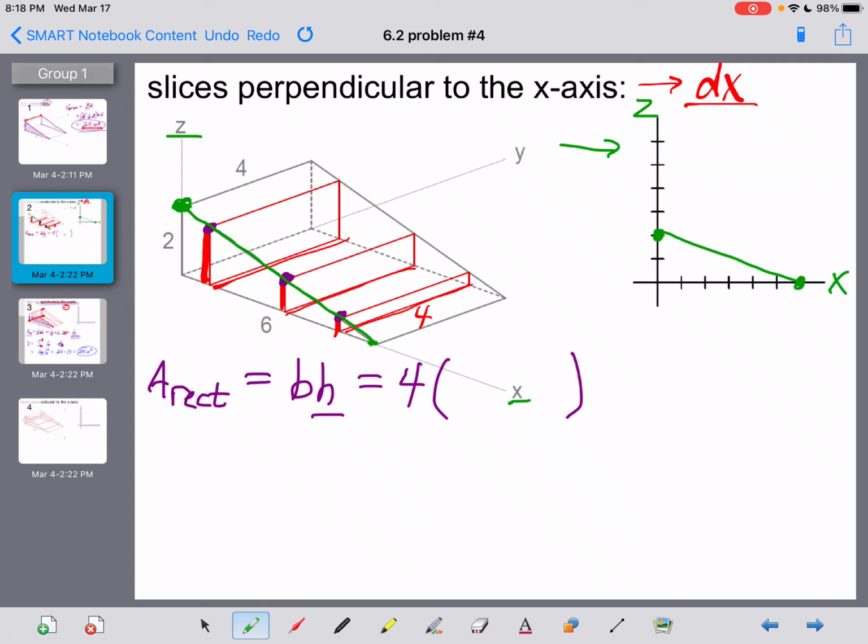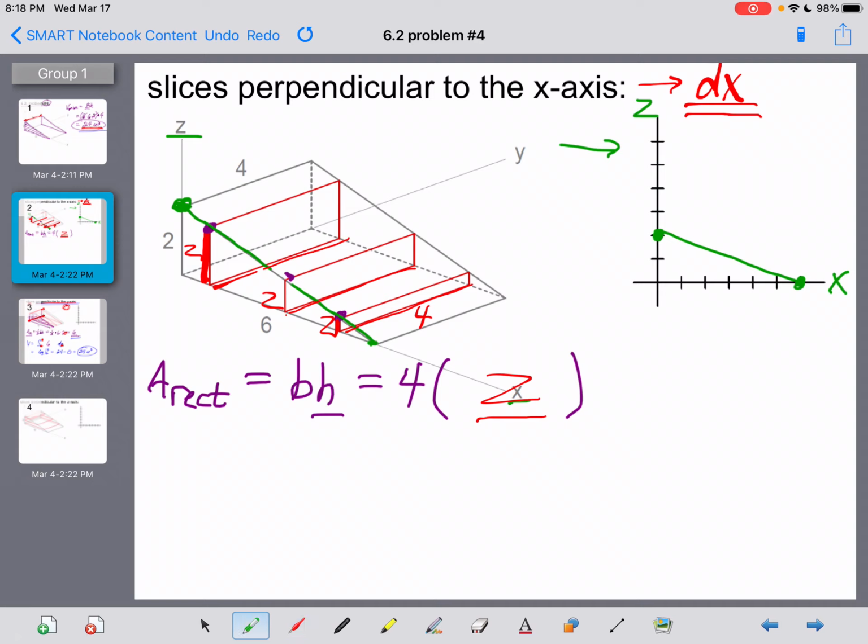Okay, and what we're really trying to do here, guys, is figure out the z-coordinate of each one of those points. But of course, they're all different. Essentially, z is the height of each rectangle. But since we're integrating with respect to x, we need to find a way of expressing z in terms of x. So that's the challenge, and that's what this graph over here on the right is for.